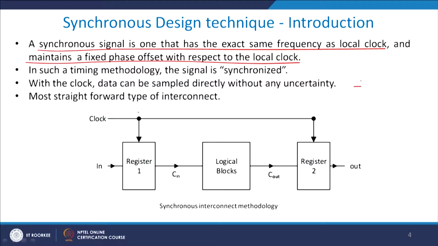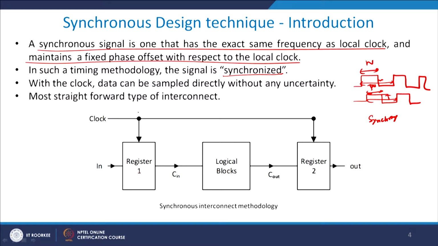If I have a local clock which is coming like this, and then a signal like this, of the same period, this is capital T, this is also capital T of the main clock, but it suffers from a basic phase difference here. Then we define this to be a synchronous signal. The signal is said to be synchronized, as I discussed with you.